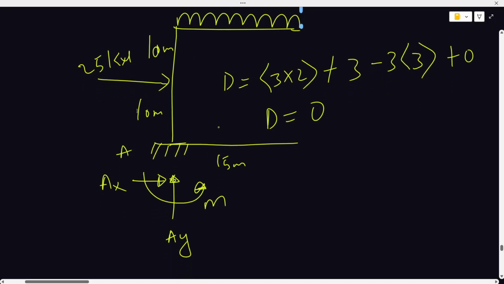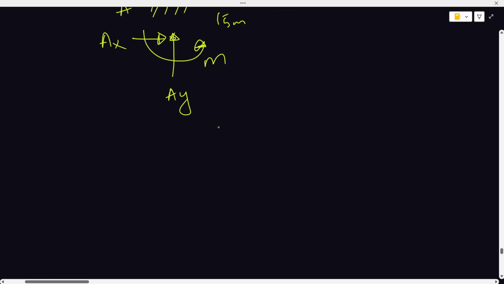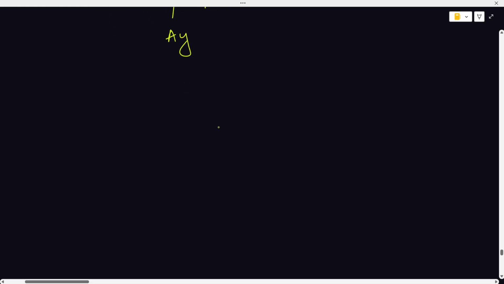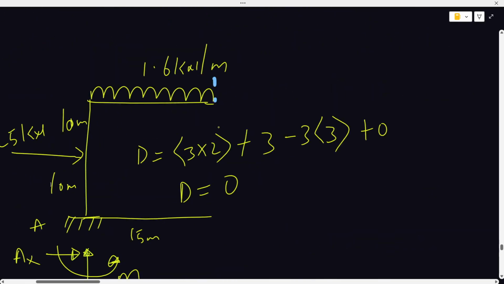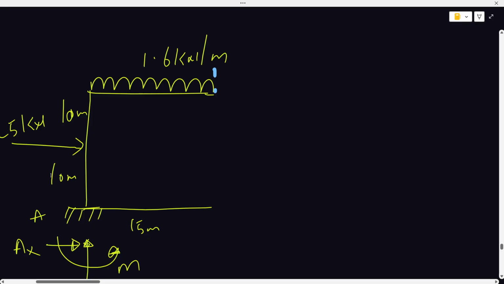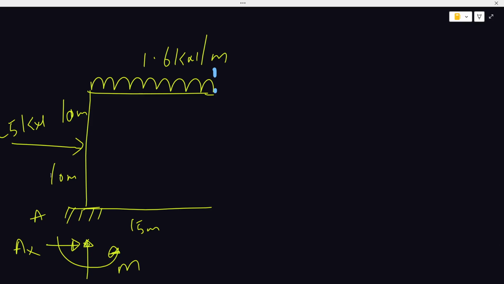So now we move to the next step, which is to get the support reactions using the equilibrium equations, applying the equilibrium equations to the overall structure generally, not splitting the structure. So to do this, we apply the equilibrium equations to the structure. First thing, summation Fy is equals to 0.